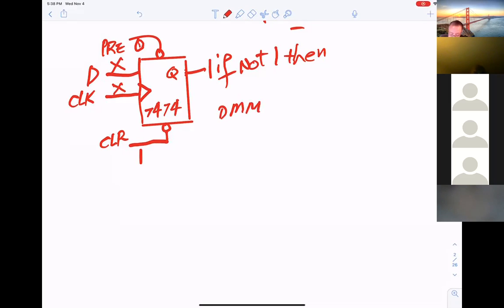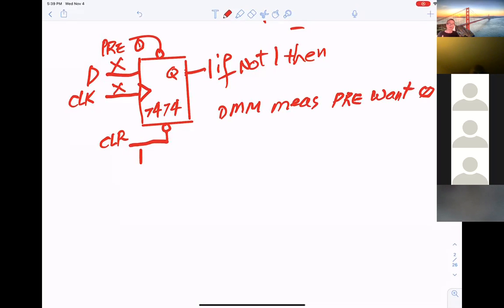Measure PRE, and you want that to be 0. Correct. That is the first thing you need to do. This is how to troubleshoot it.